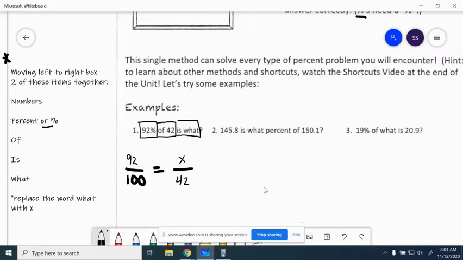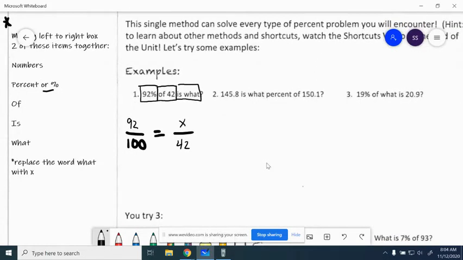Okay, so now what we are going to do is what we've been doing all week, just cross multiplying and dividing. So we're going to multiply these two numbers together. And what does that equal to? 92 times 42 is 3,864.